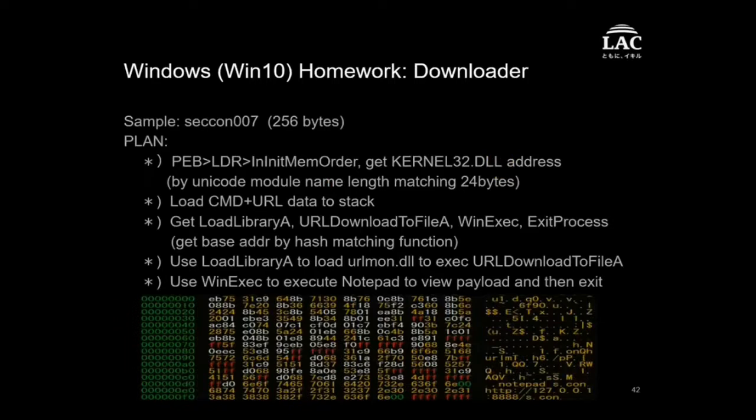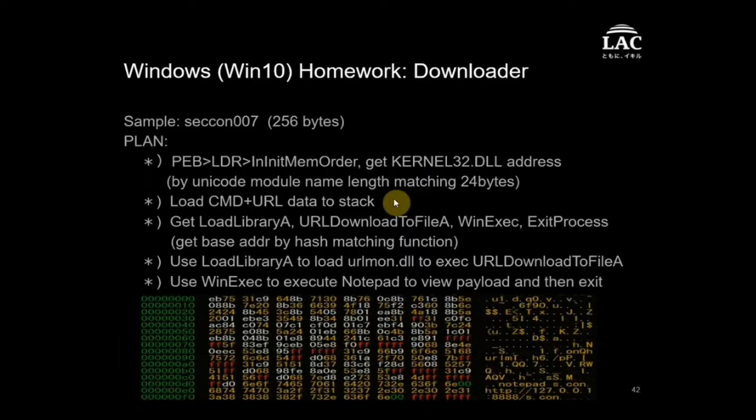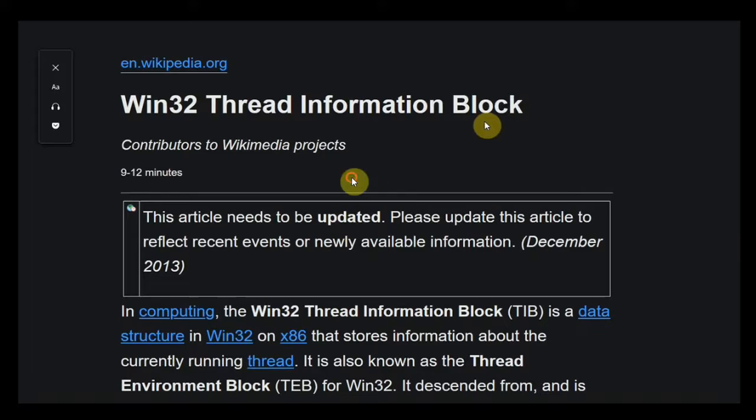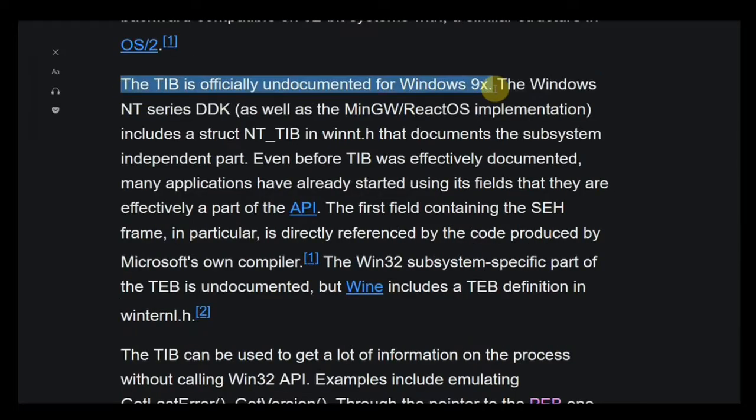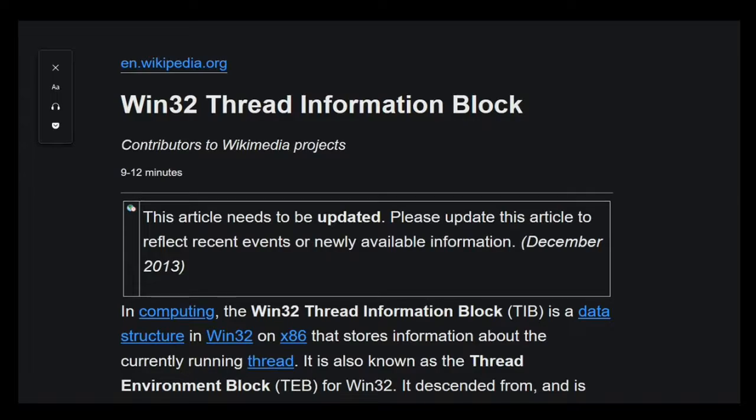Different from the previous one, probably some of you are wondering why we have to go to the PEB. What is the PEB exactly, and why do we need to know it? There is information about that on Wikipedia. It has the TIB, the thread information block, and through a pointer in the TIB there is a pointer that leads you to the PEB.